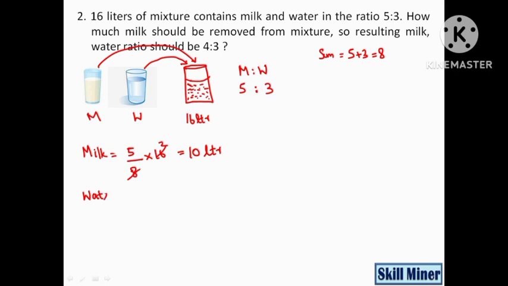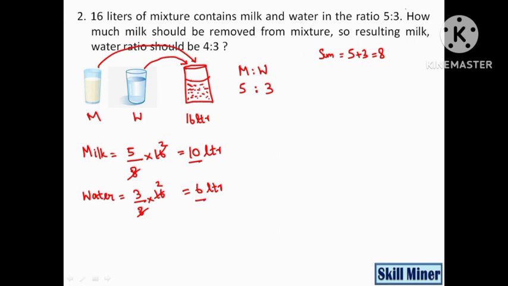Water quantity will be 3 divided by 8 into 16, which is equal to 6 liters. So in 16 liters of mixture, 10 liters will be milk and 6 liters will be water.